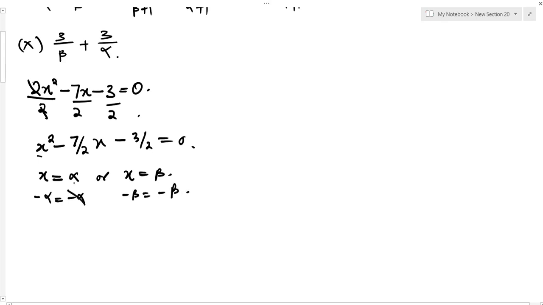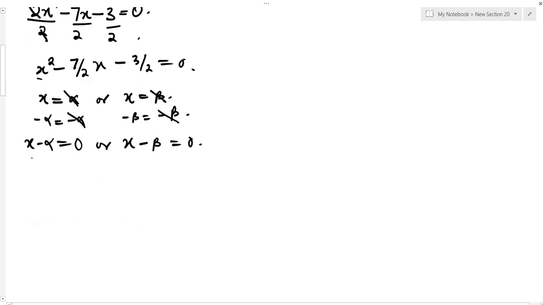Now this will cancel out this. I will have x minus alpha equal to 0, or this will cancel out this. I will have x minus beta equal to 0. Now since x minus alpha is equal to 0, or x minus beta is equal to 0, therefore x minus alpha times x minus beta is equal to 0.